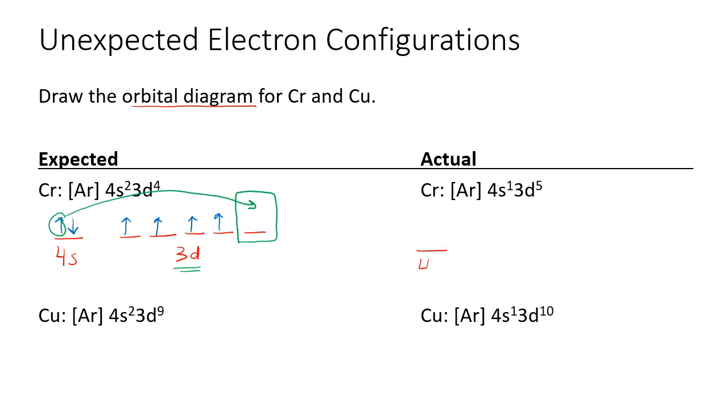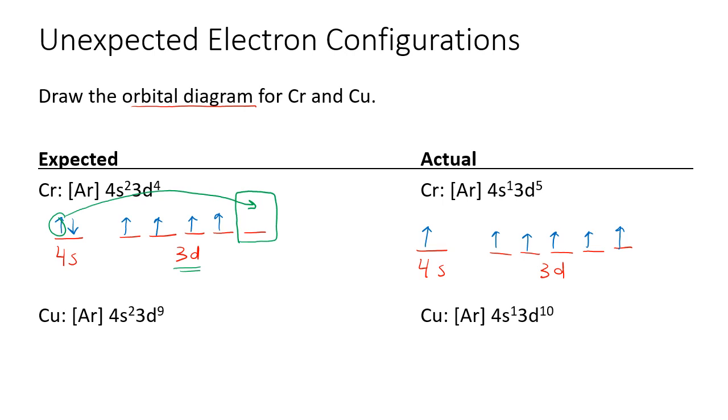And so our orbital diagram will look like this instead. We're going to have 1 electron in the 4s and 1 electron in each of the 3d orbitals. And so there are a few elements within the transition metals that do this in order to maximize having either completely filled or completely half-filled d subshells.